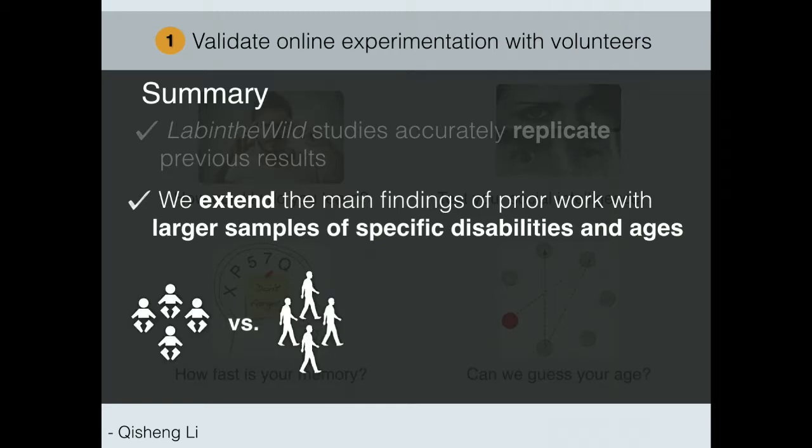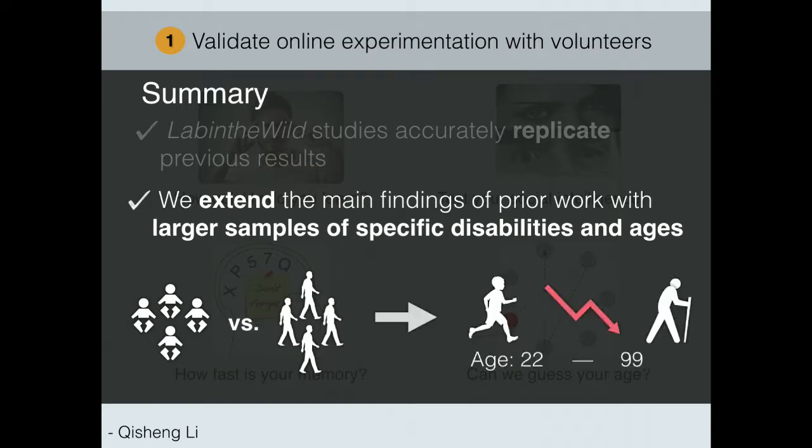So as an example, previous studies clustered people into discrete young and old age groups when studying age-related effects, because researchers could only find a few participants in a certain age group. But in our study, we modeled age as a continuous variable, given that we have a much larger number of participants from all age groups.